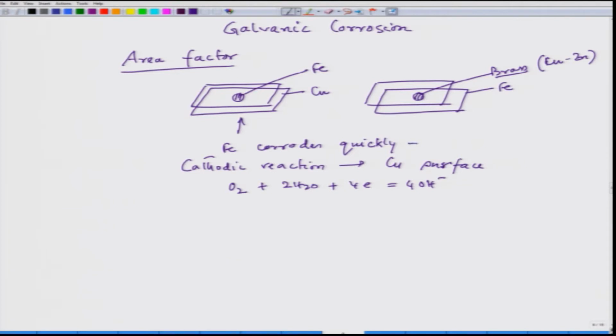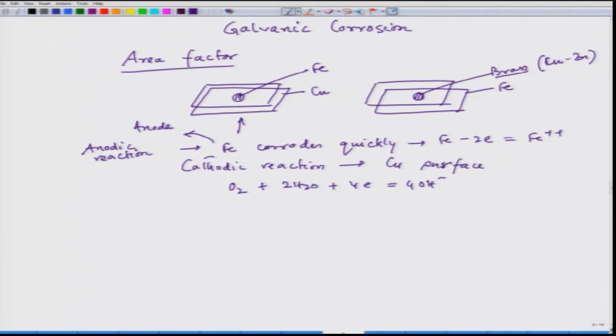And since iron is corroding, the anodic reaction would be Fe - 2e- = Fe2+. So, this is the anodic reaction, and iron acts as anode.